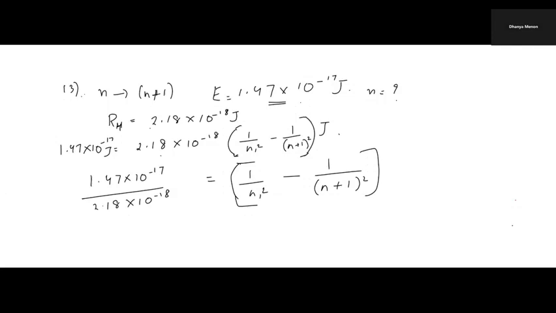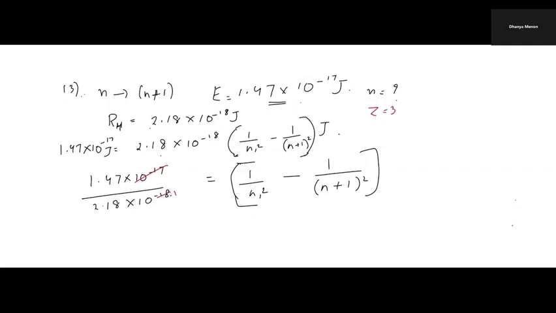And here I forgot to write the value of Z. Z is for our lithium ion, Z is 3.